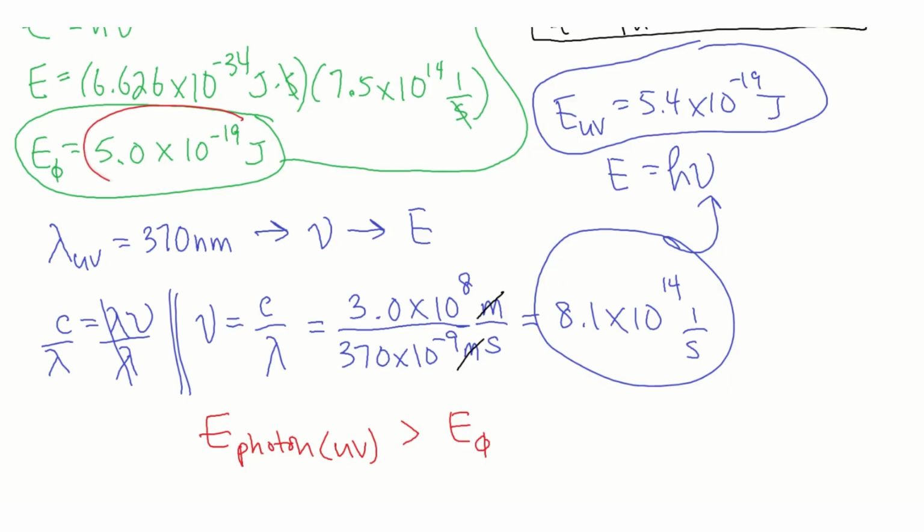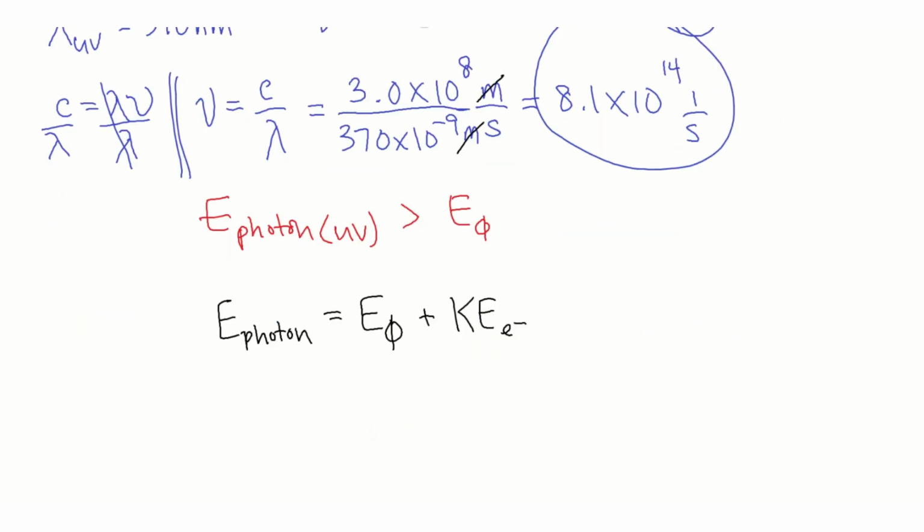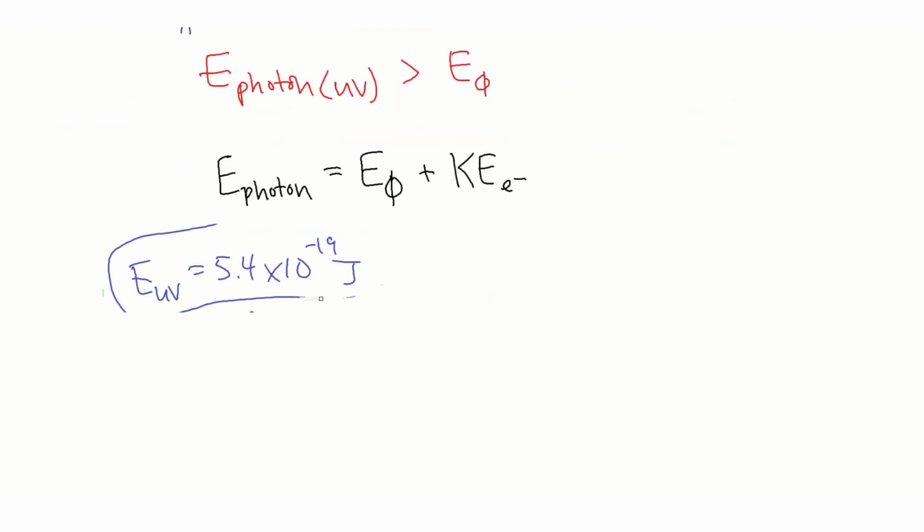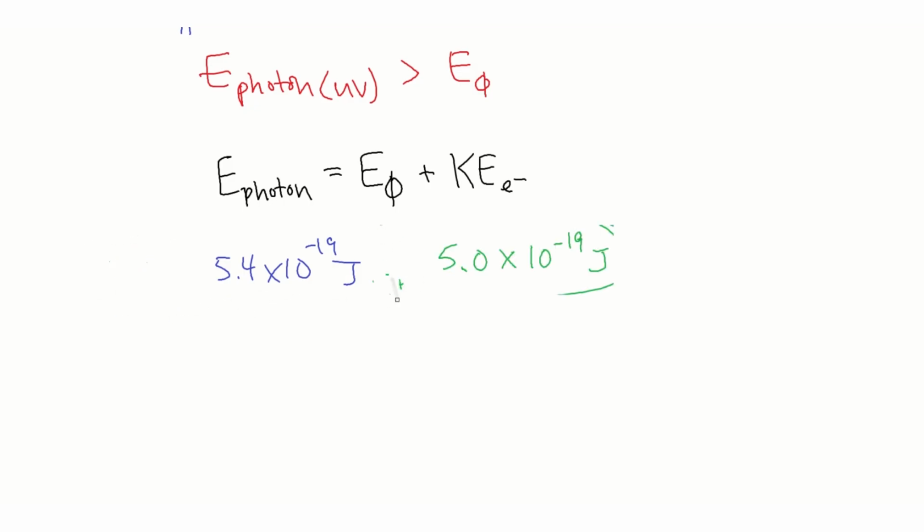That threshold energy is going to eat up this amount of the incoming energy from the light, and any remaining energy is going to be the kinetic energy of the electron. So all we need to do is take the energy of the light, which is greater than the threshold energy of the metal, and the difference is going to be the kinetic energy of the electron.